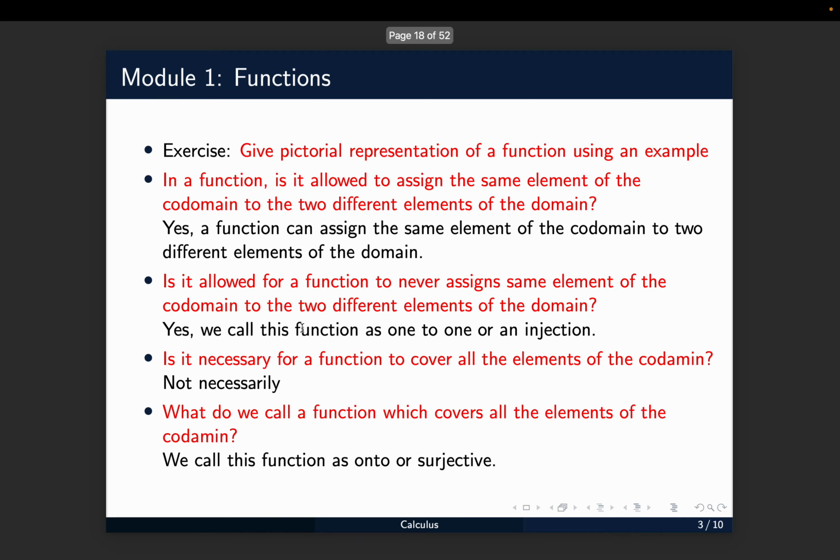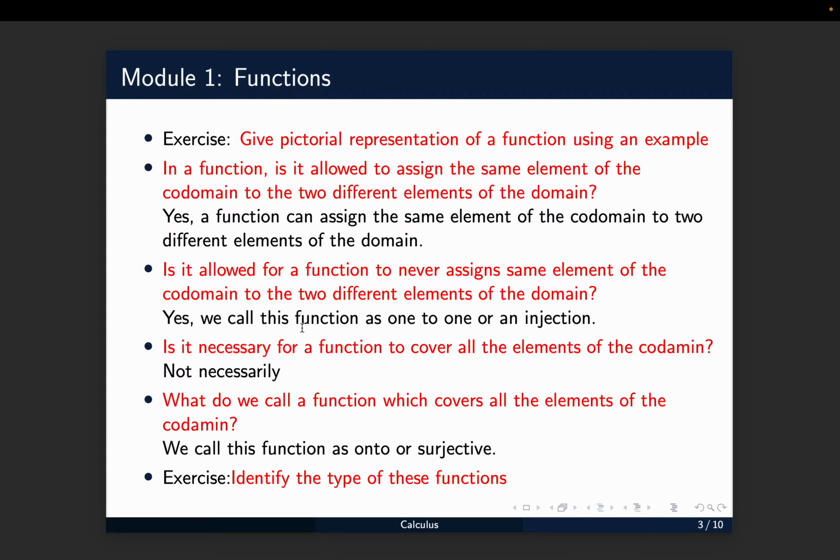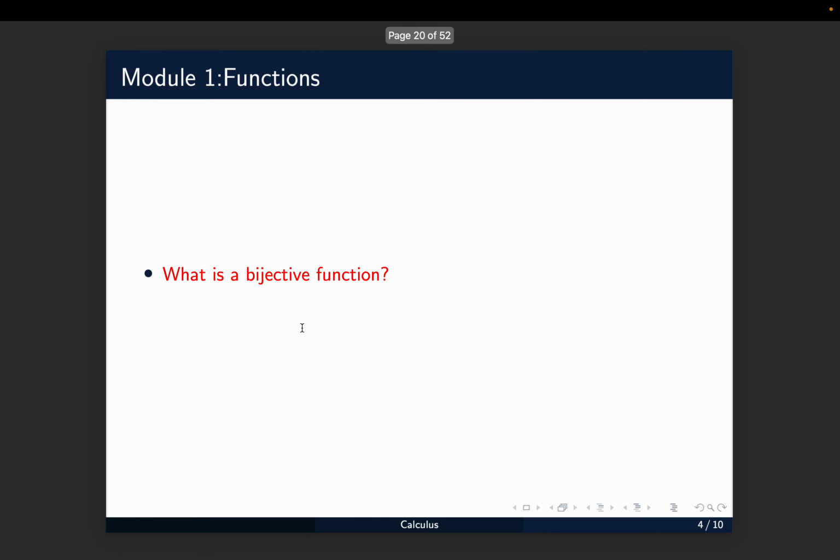We call that function onto or surjective. So as an exercise, you can draw different types of functions using the pictorial representation, and you can identify what kind of function each one is. This is a good exercise to identify the types of function.